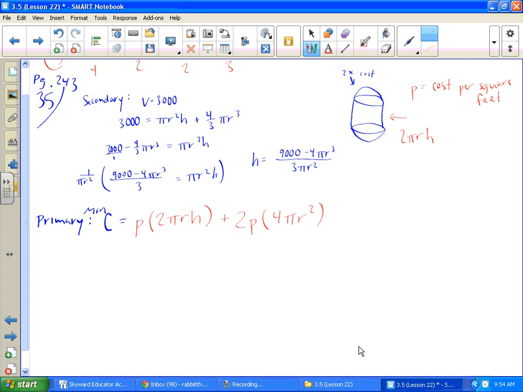Okay, what am I going to do next? What do I have to do before I solve anything? I have to plug this h in, right? That's why I came up with that secondary equation. So we're going to go ahead and put the h in here. I'm just going to put all these variables together for the moment. So 2 pi rp times that.